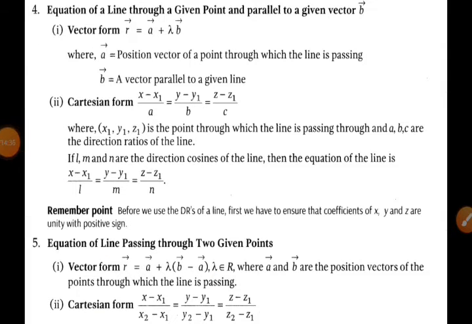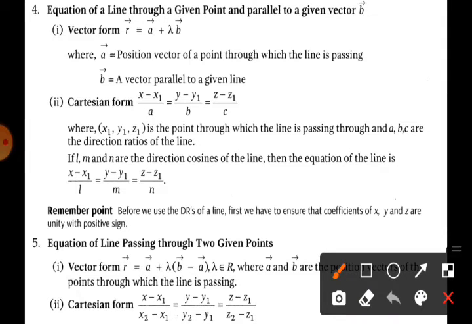Now we summarize the formulas. The equation of a line through a given point and parallel to a given vector b: the vector form is r vector equal to a vector plus lambda b vector.